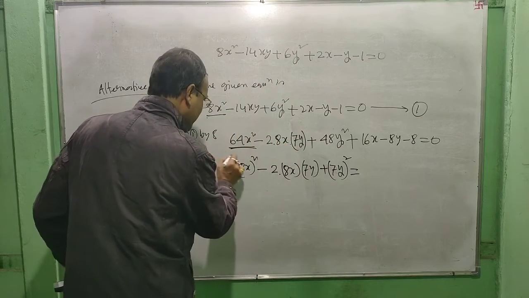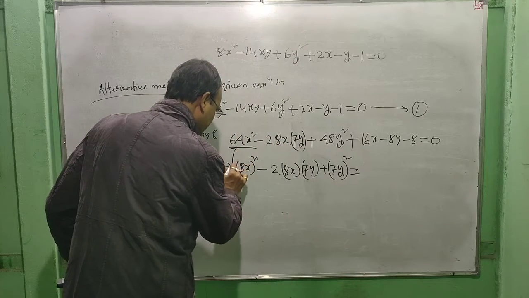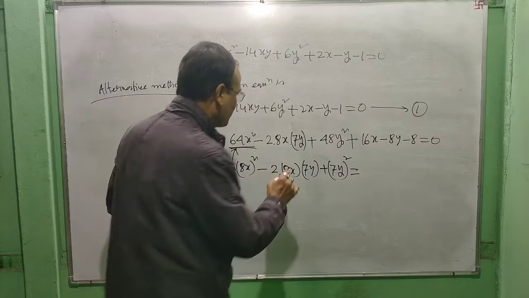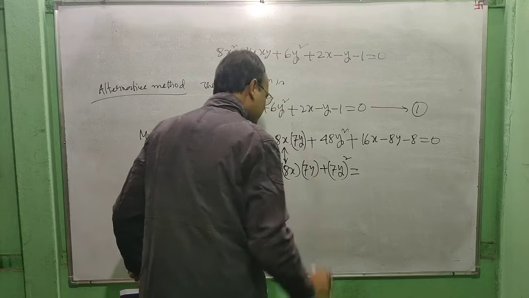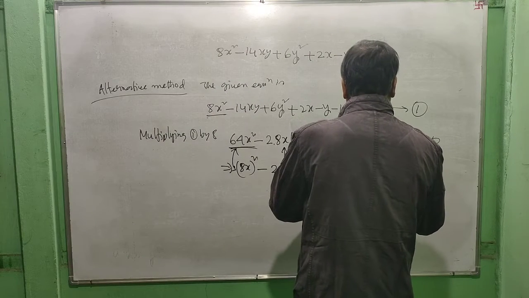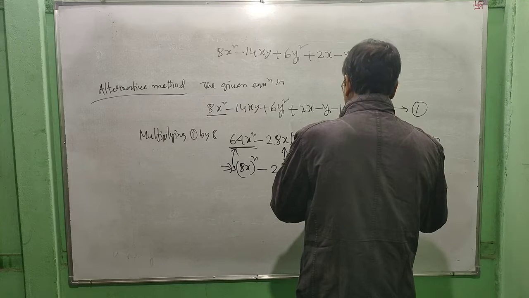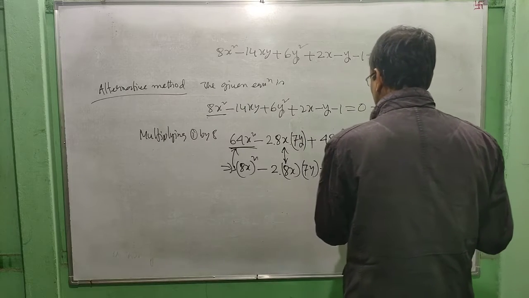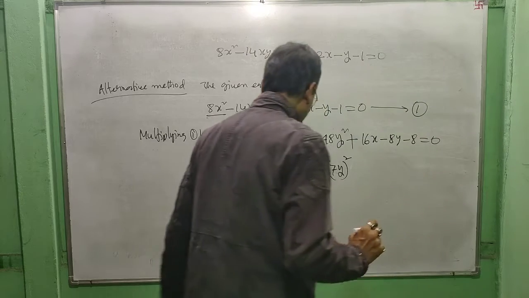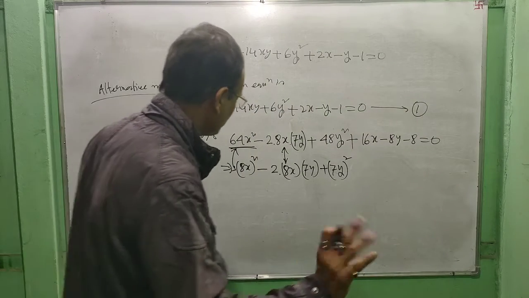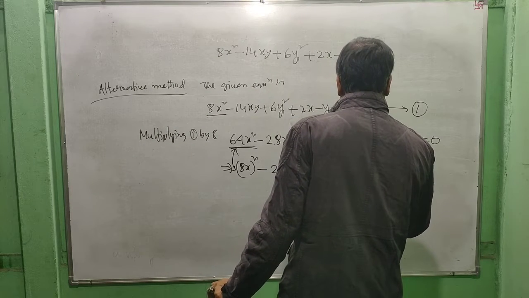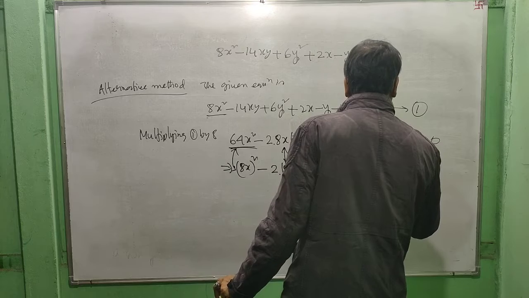we have written the term involving x square as it is, and the term involving xy also as it is. Now, you will have to write here on the right hand side 7y square, no problem, plus 2 into 8x into 1.